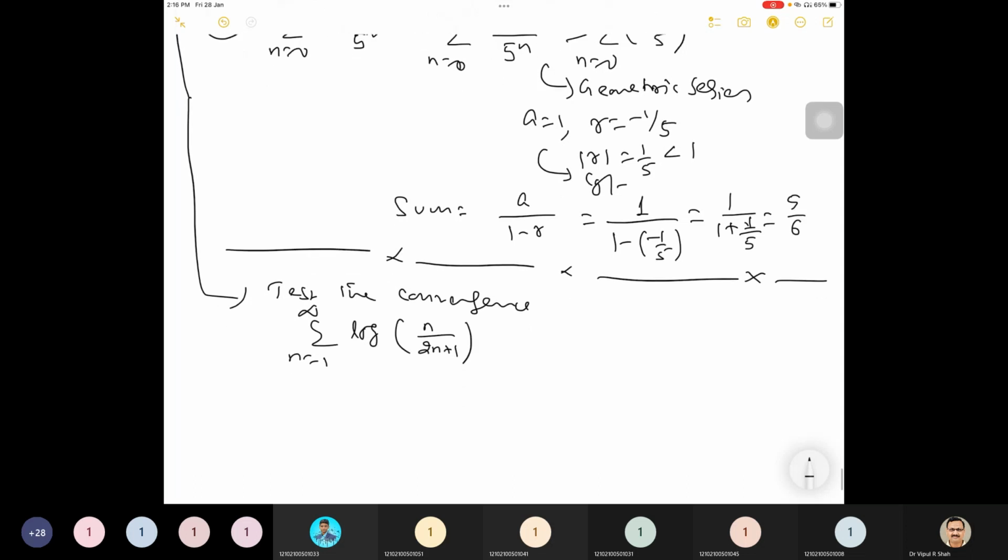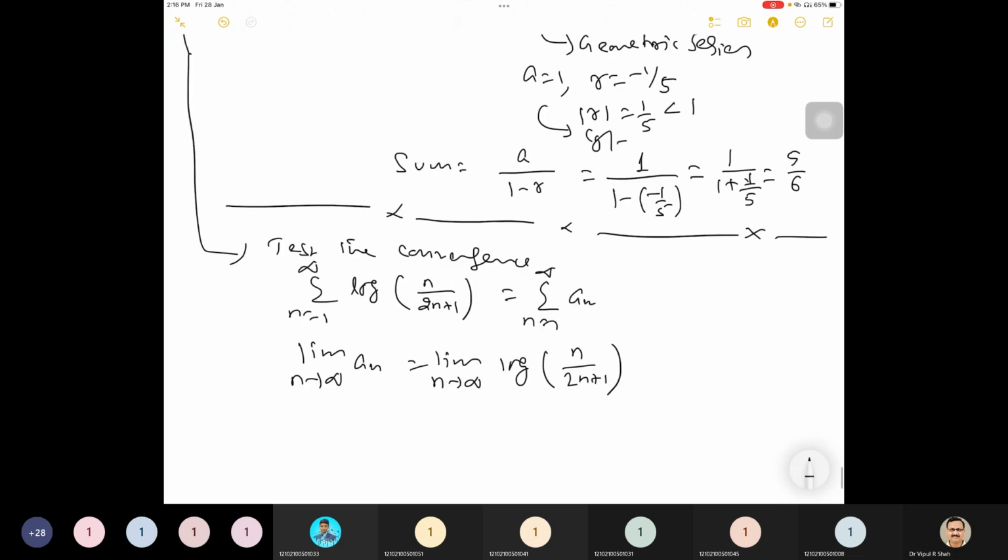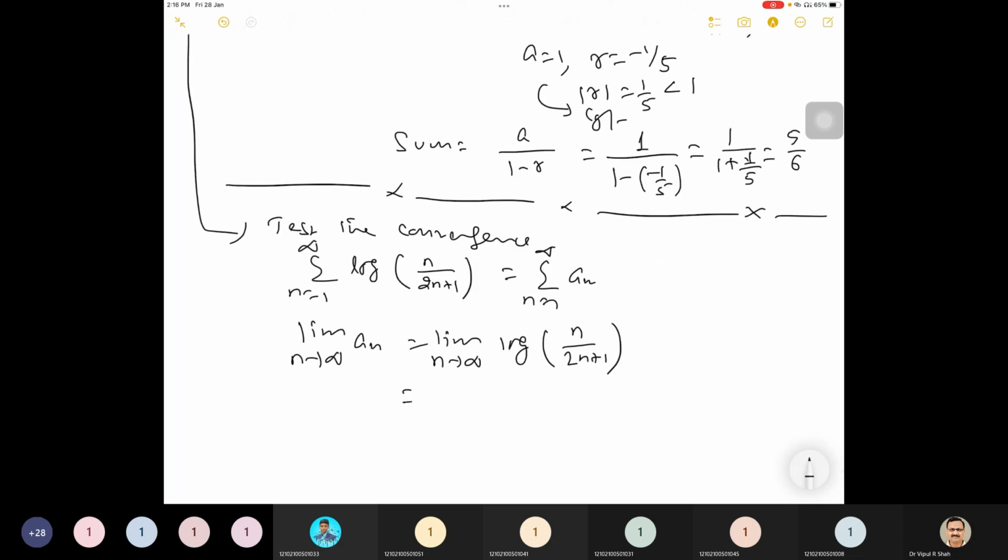Here we can use the nth term divergence test. With practice, we get to know it a little. You can have limit n tends to infinity an, limit n tends to infinity log of n upon 2n plus 1. Can anyone say what is the limit here?